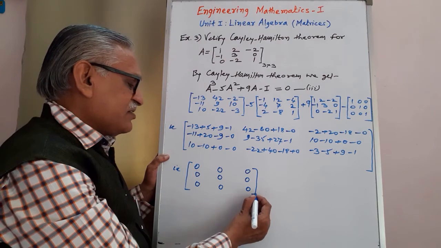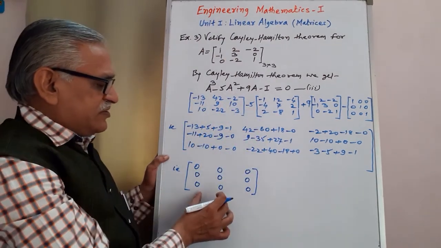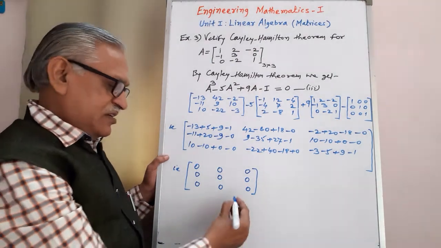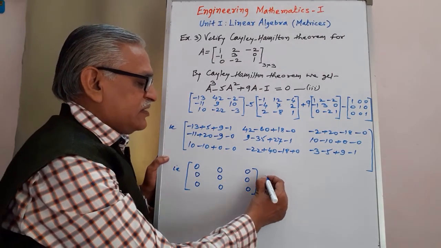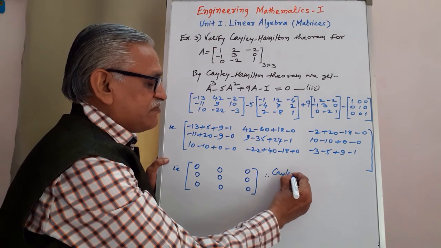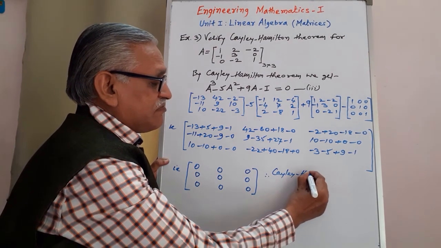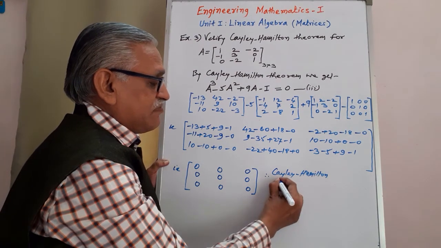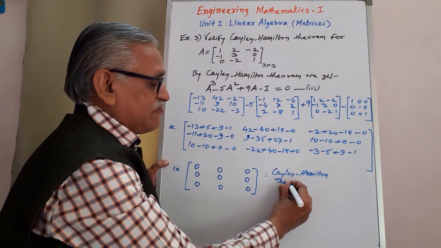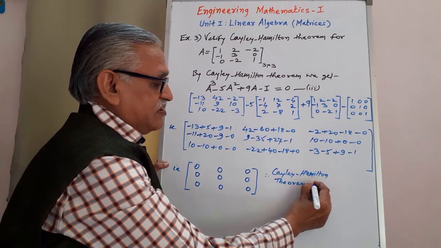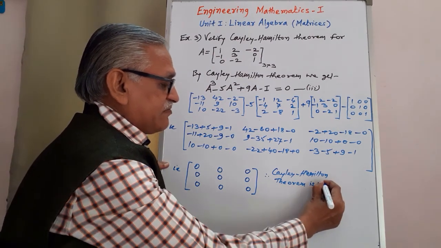And as the last matrix is a zero matrix, or sum of all these matrices is null matrix or zero matrix, therefore that Cayley-Hamilton theorem is verified.